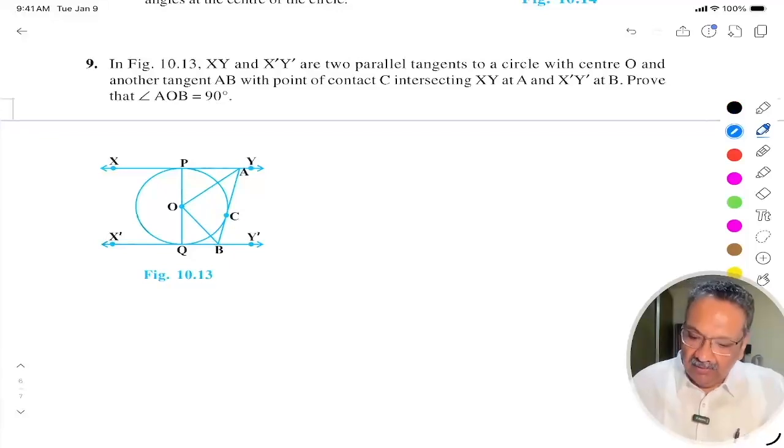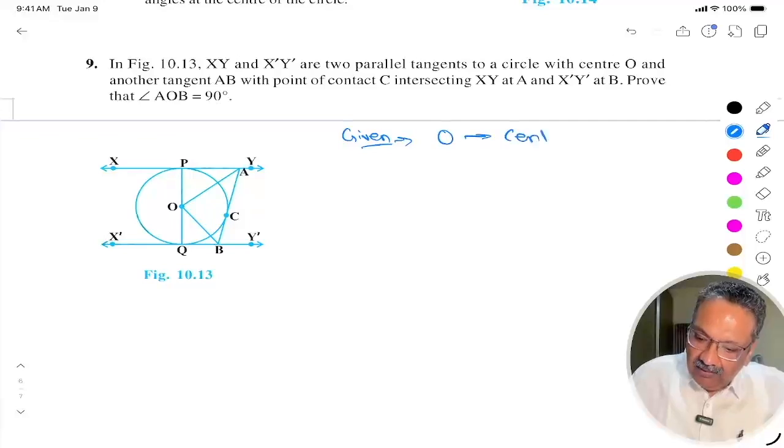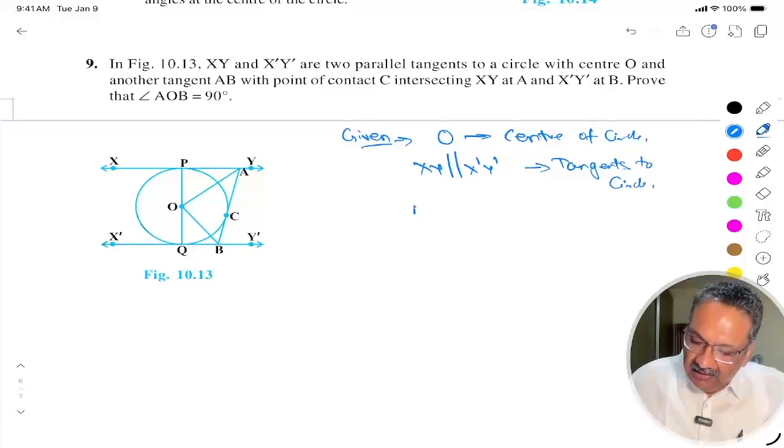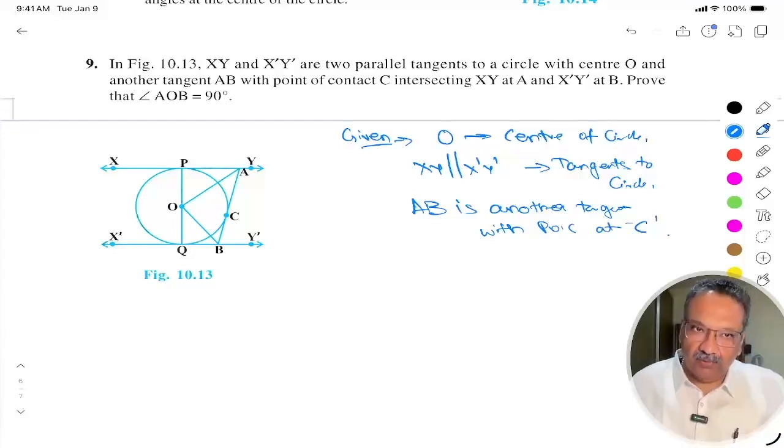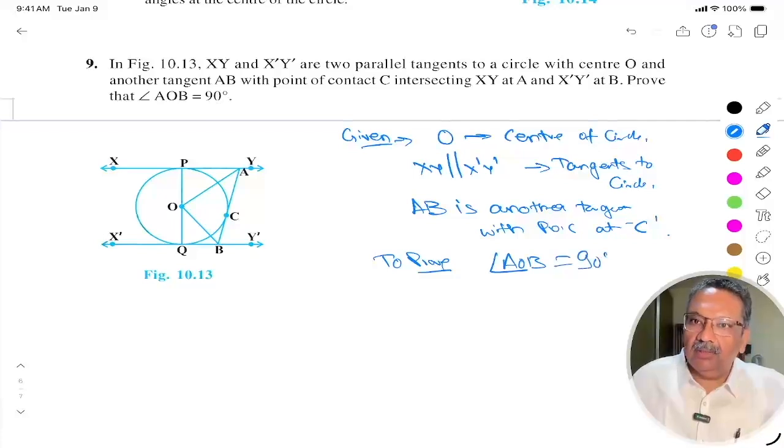Alright. So what is given? Given that O is the center of the circle. XY is parallel to X dash Y dash, and they are tangents to the circle. AB is another tangent with point of contact at C. Now we have to prove that angle AOB is equal to 90 degrees.